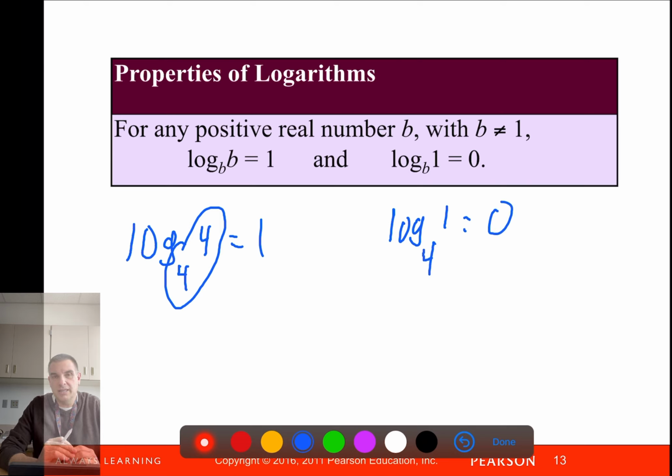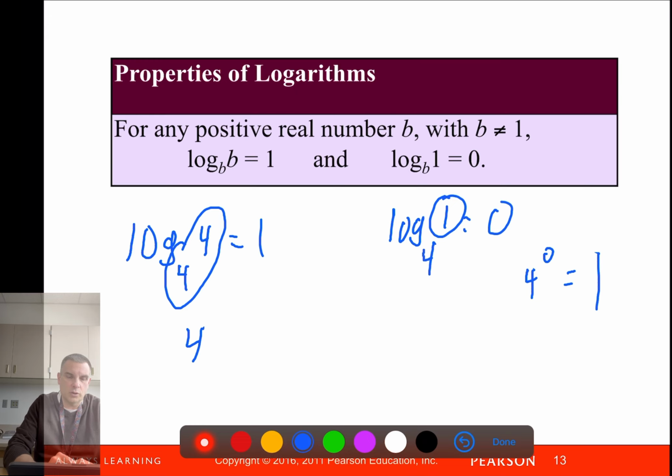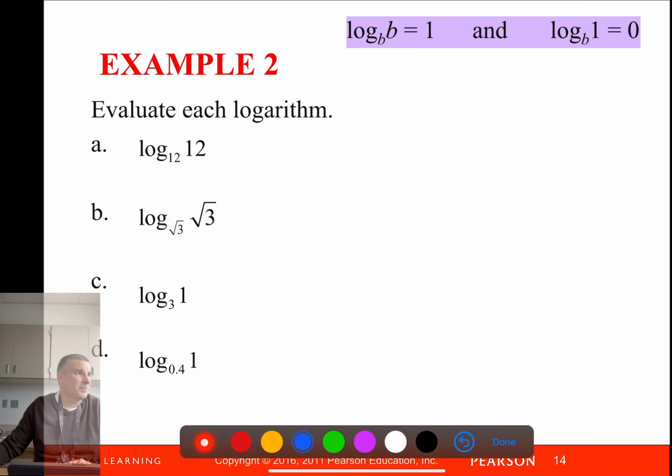Anything where your of is 1, the solution is going to be 0. And you think about it, this would be 4 to the 0, and 4 to the 0 equals 1 because anything to the 0 power equals 1. Anytime your base and your of are the same, the solution is going to be 1, again because 4 to the first is equal to 4. So keep that in mind.